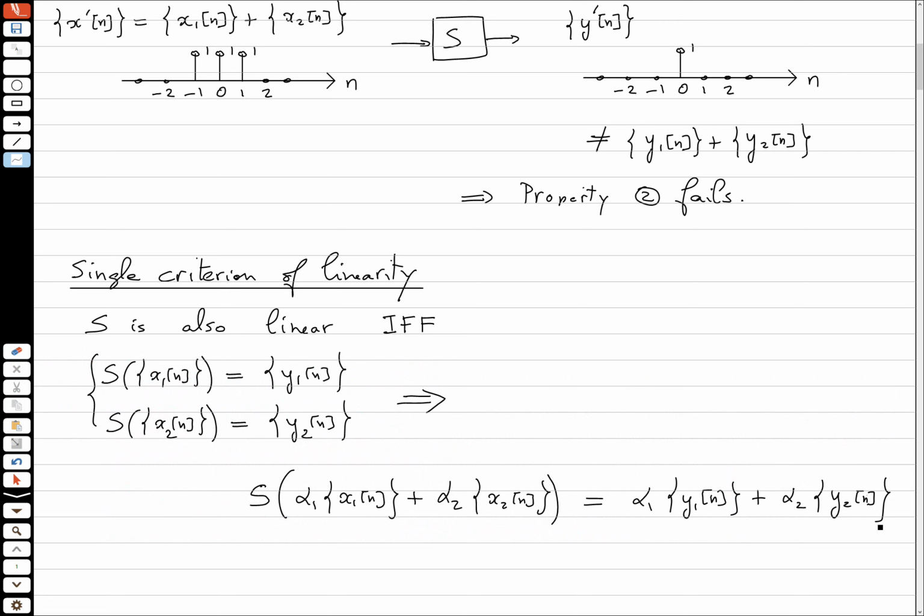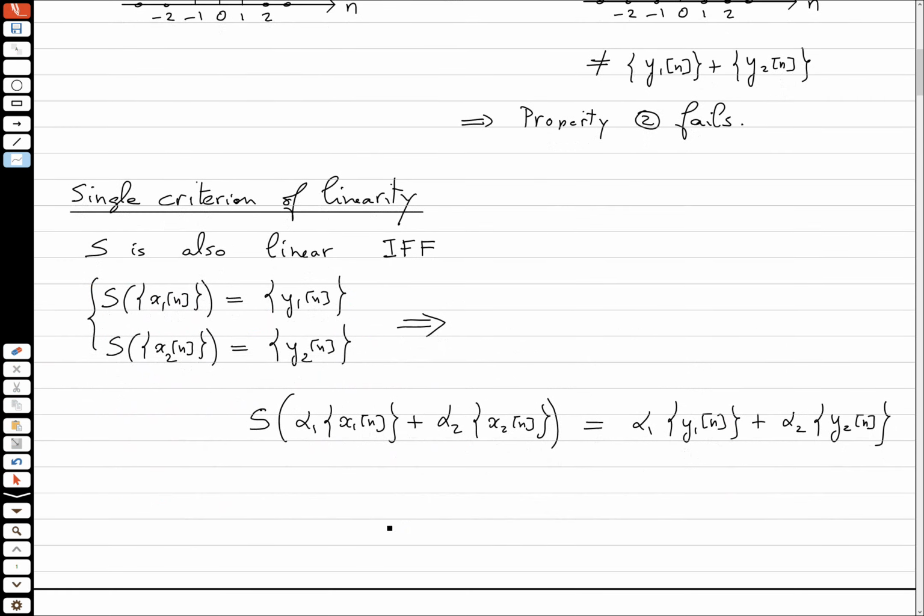You can see that this single test combines both property 1 and 2 in one shot. So it is sufficient to test this to prove that both property 1 and property 2 work.